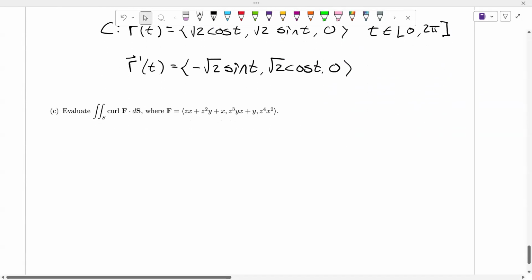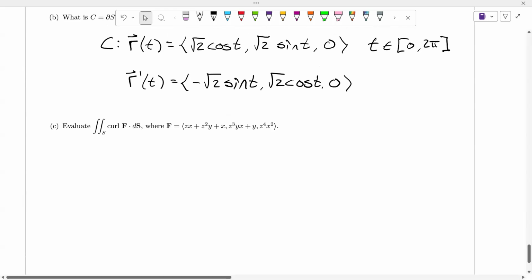And then we want to evaluate the surface integral, curl F dot dS, where F is that field. But since it told us to do the surface integral, we're not going to do that.